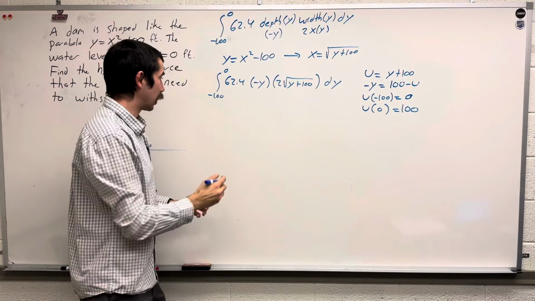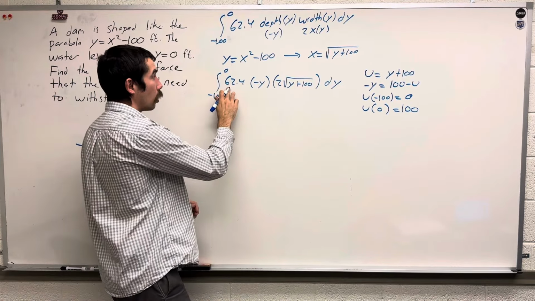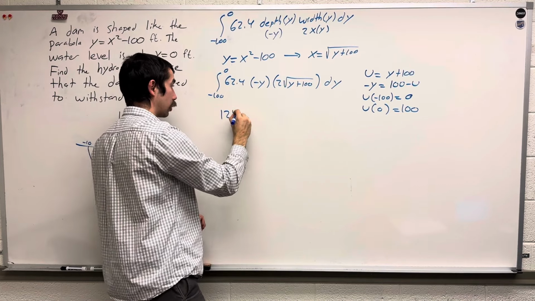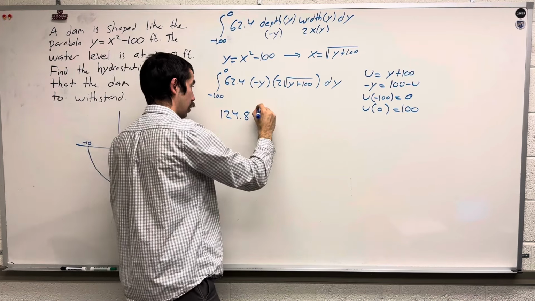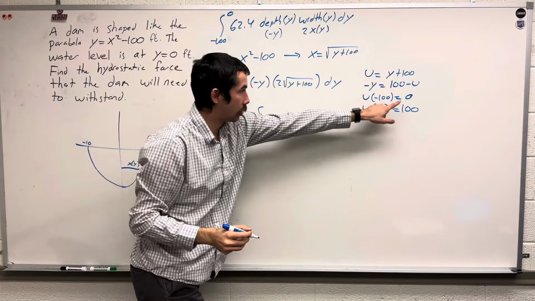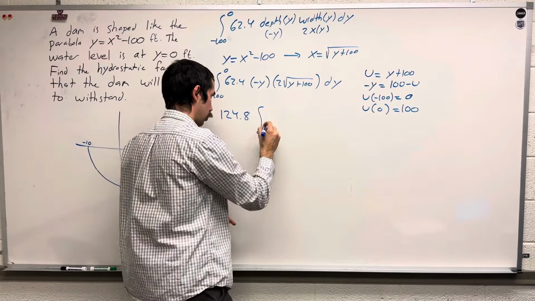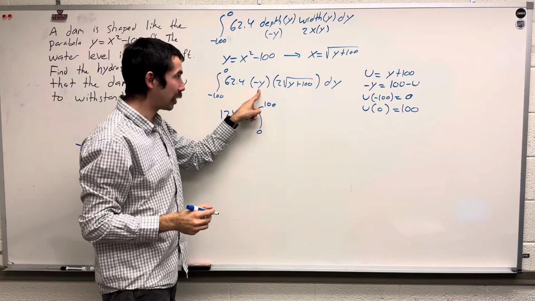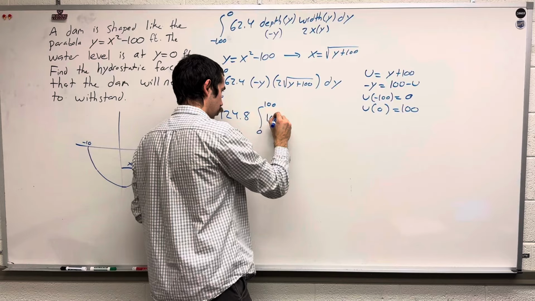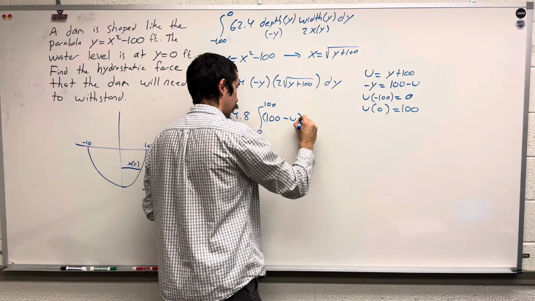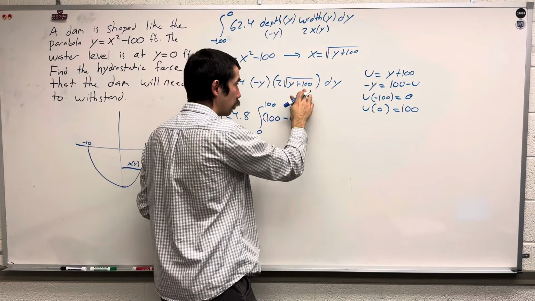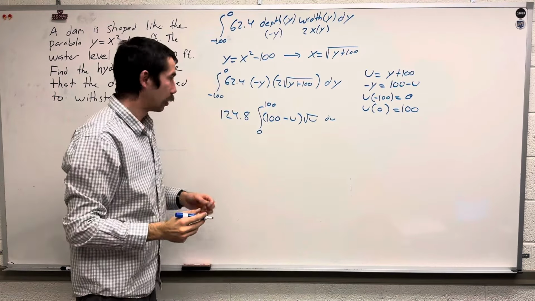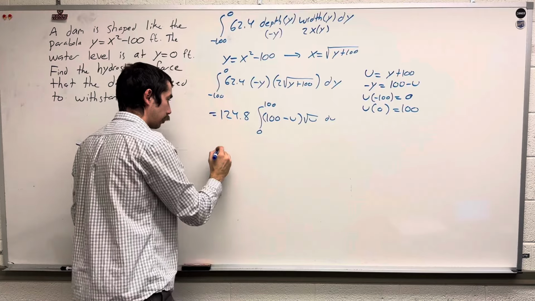Okay, so our integral becomes 124.8, so we're pulling out the scalar in front, times the integral from 0 to 100 of 100 minus u times the square root of u du.